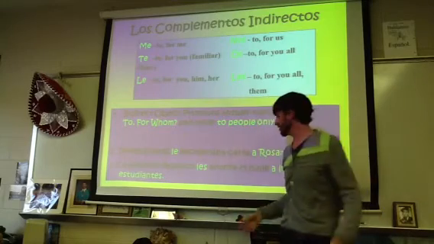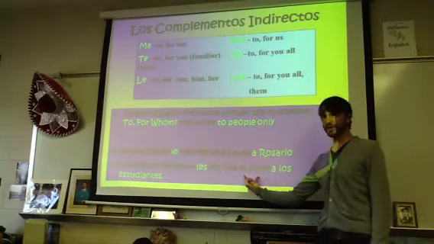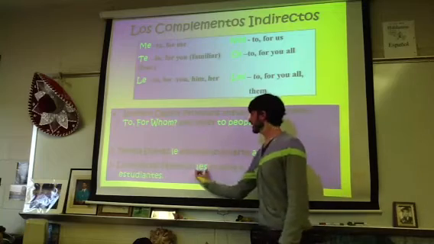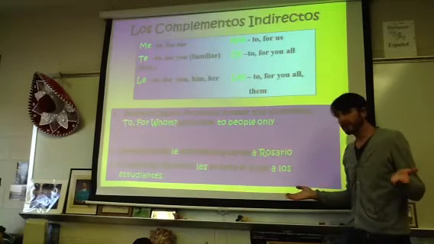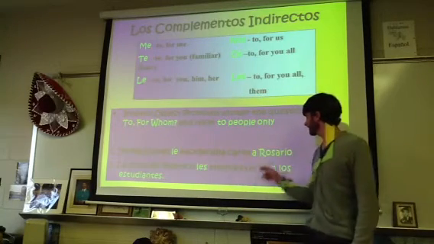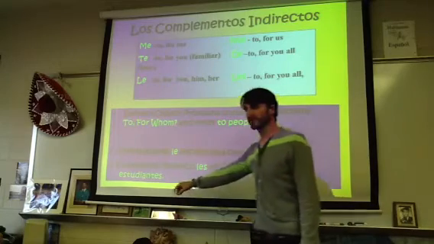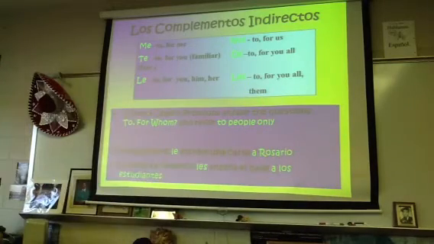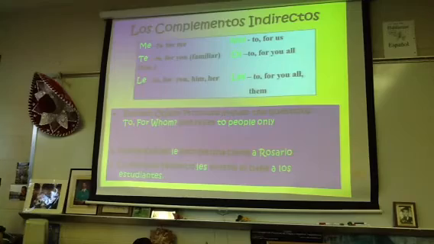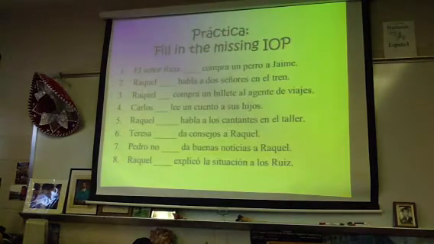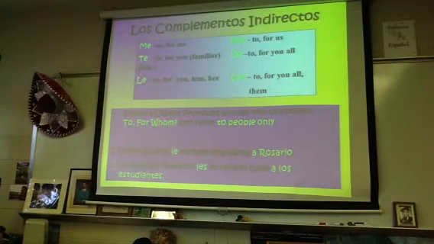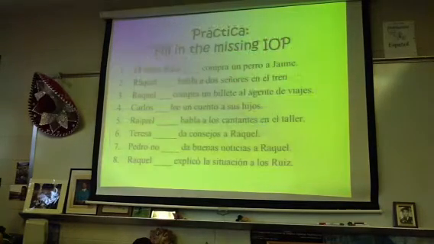What does she teach? She teaches el baile. That's the direct object. But what's the indirect object? Who's benefiting from her teaching the dance? A los estudiantes. Los estudiantes is plural and masculine. So therefore, it is replaced with les.